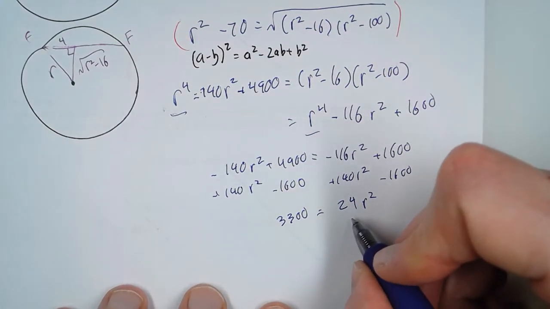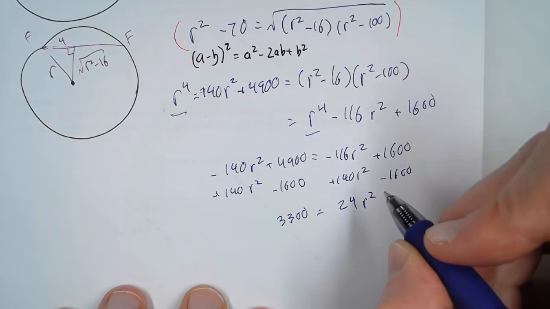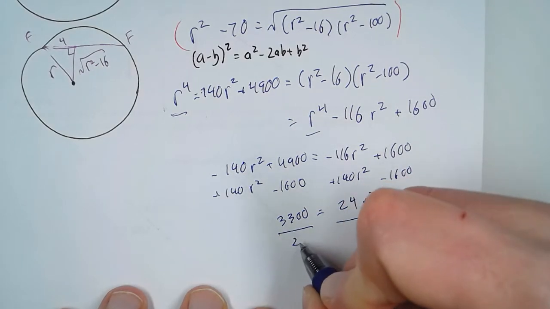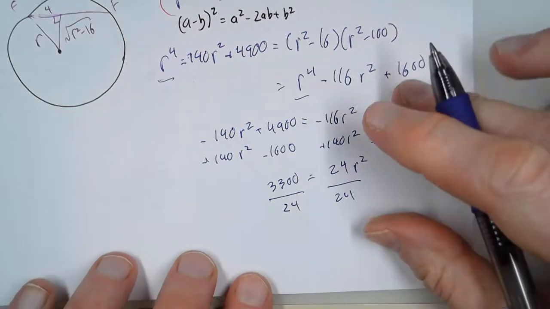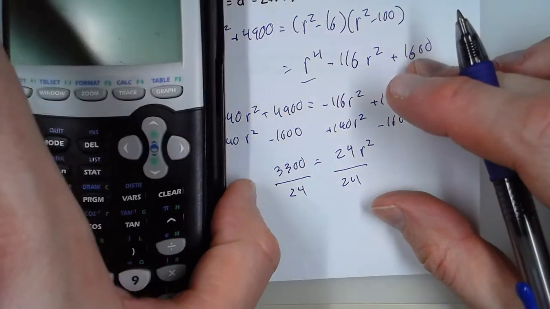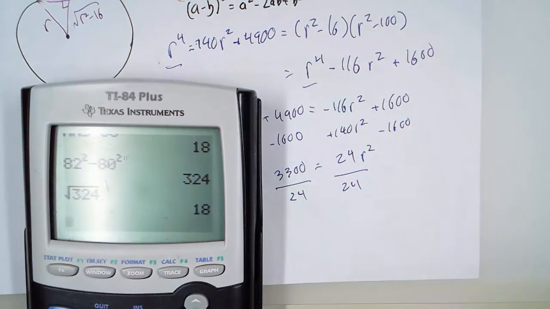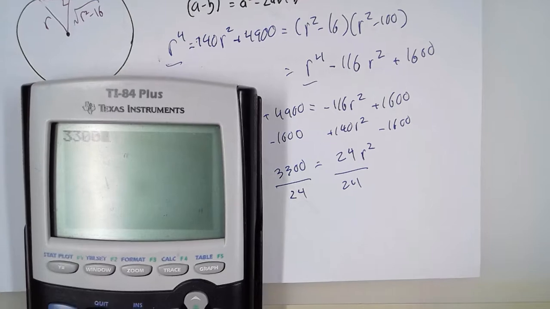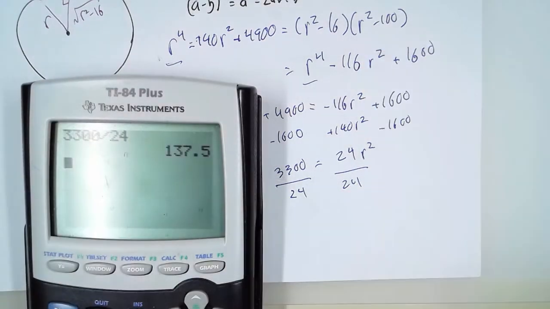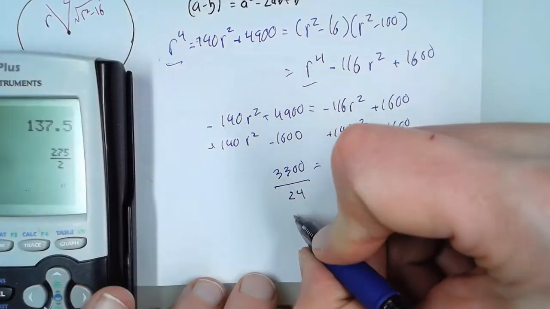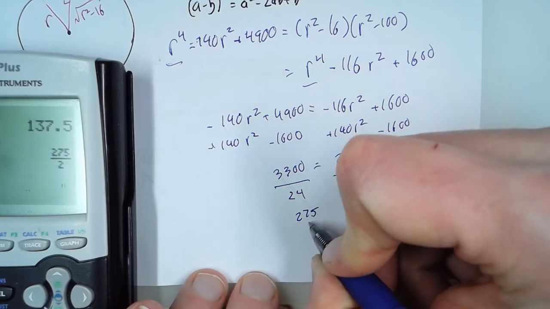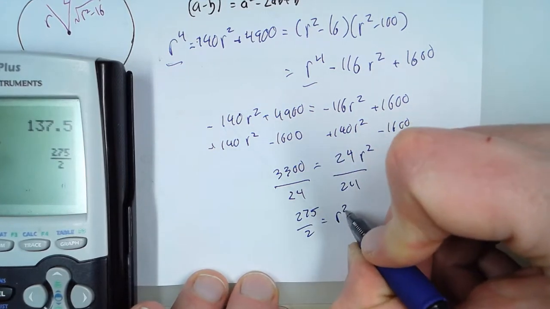So when we divide by 24, let's see what we get. 3300 divided by 24 gives us 137.5, or 275 halves equals r squared.